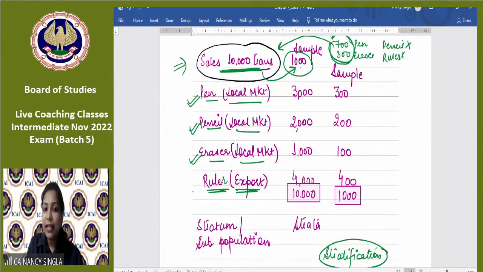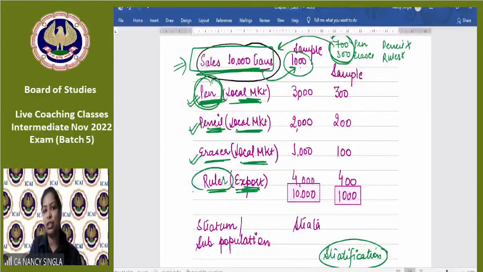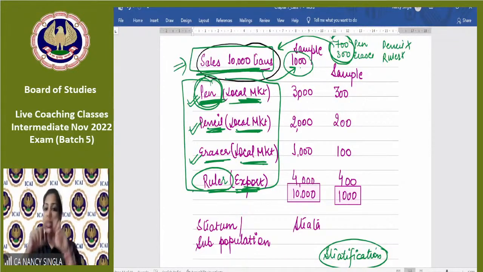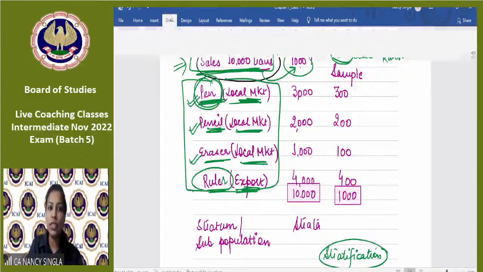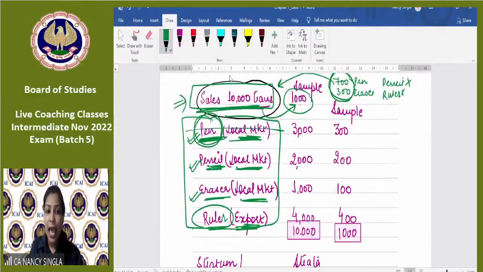So I divided this 10,000 based on the characteristic that pen is sold in the local market, pencil is sold in the local market, eraser is sold in the local market, and ruler is exported. So I've divided this heterogeneous population into homogeneous subpopulations. This process is called stratification.